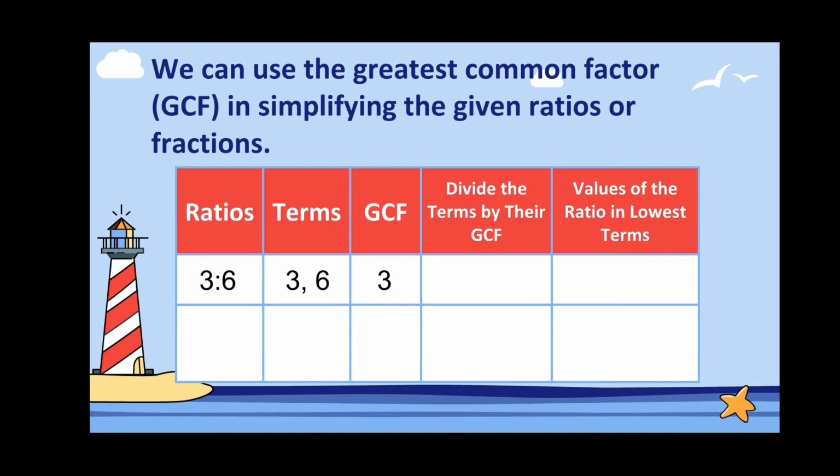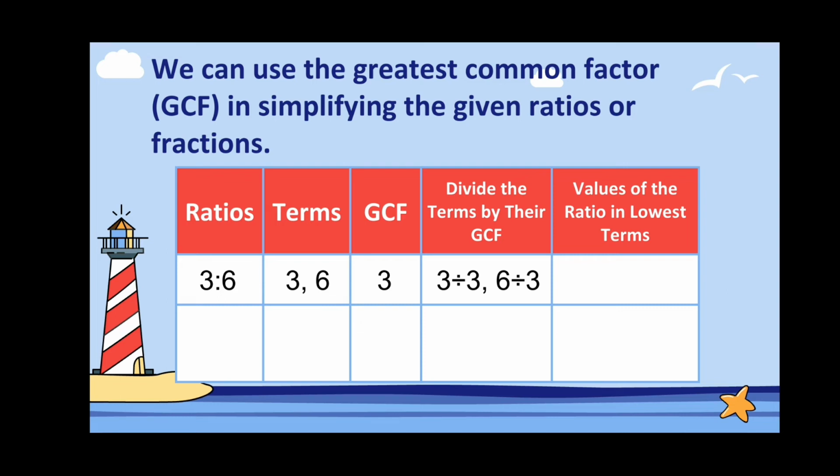So, after identifying the greatest common factor, i-divide natin yung terms by that given GCF. So, we have 3 divided by the GCF, which is 3, and then 6 divided by the GCF as well, which is 3 again. So, after natin i-divide kung ano yung quotient, that is the lowest term or the simplified ratio.